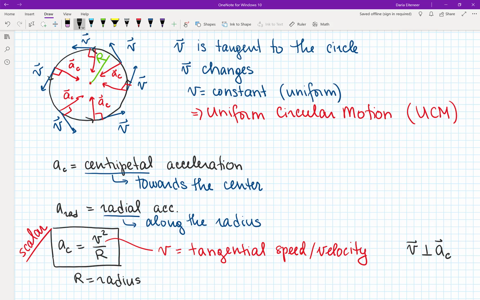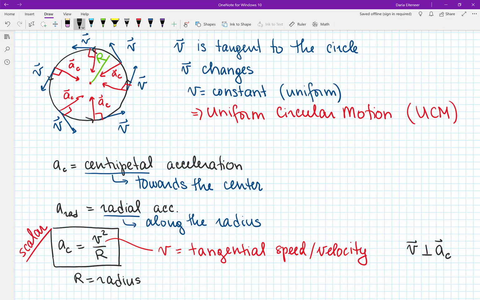It's a completely different mathematical operation, which we haven't done. So let's not worry about this. And second of all, if you're writing a vector equation, all the parts of it have to agree with each other. And I cannot say that my vector that points towards the center is in the same direction as vector that's tangent to the circle. So yeah, that really makes no sense.